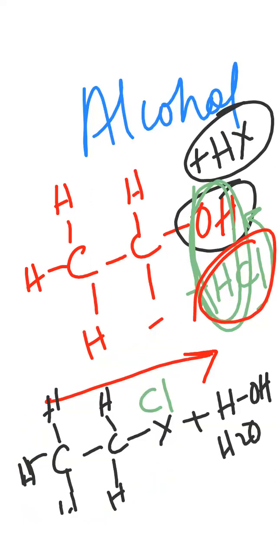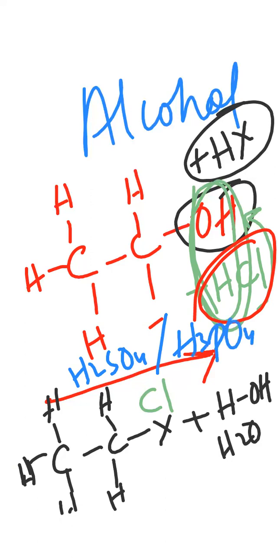Let me write it here. And in your book, they are using H3PO4, phosphoric acid. You can use both of them. But I can see that your marking scheme is showing H3PO4, and the marking scheme of another year is showing H2SO4.